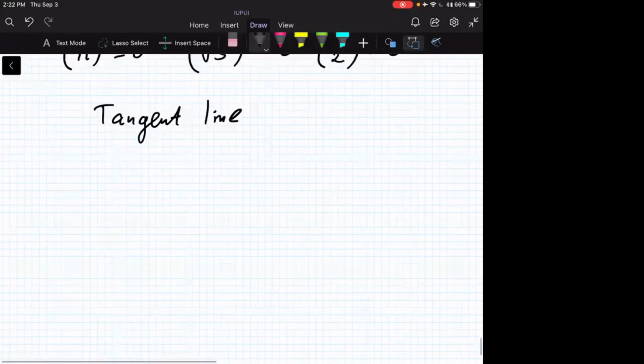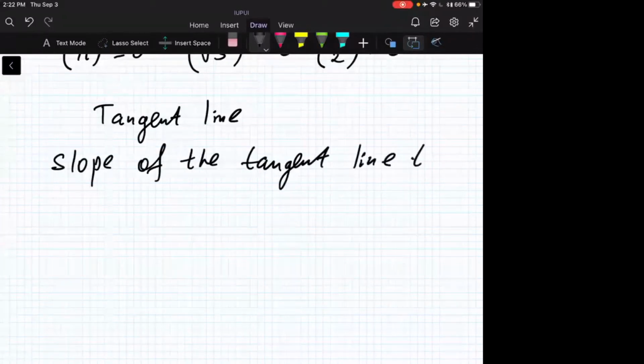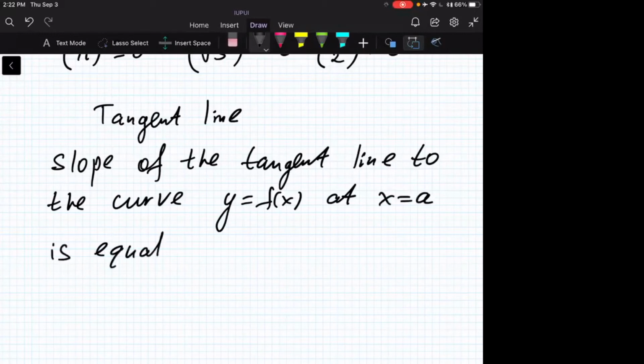So recall that what we started with was the slope of the tangent line to the curve y equals f of x at the point x equals a is equal to the derivative evaluated at that point.